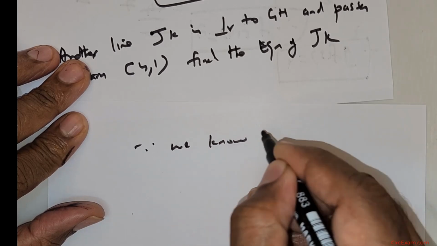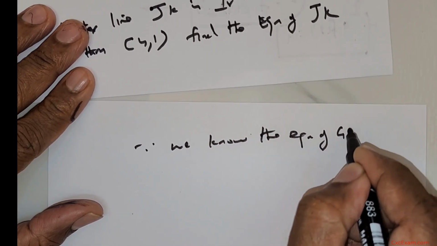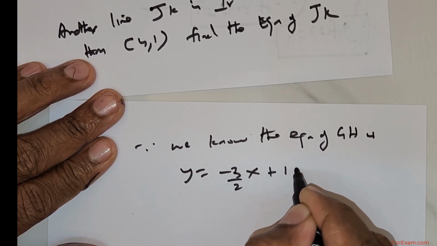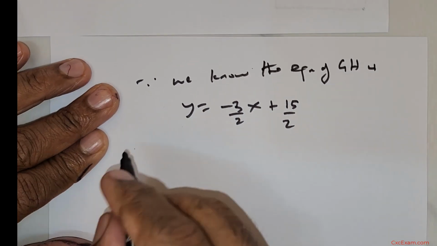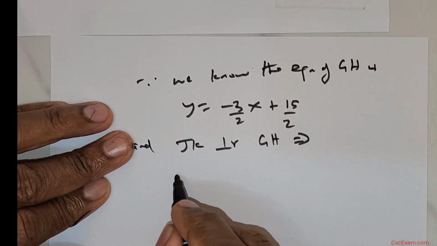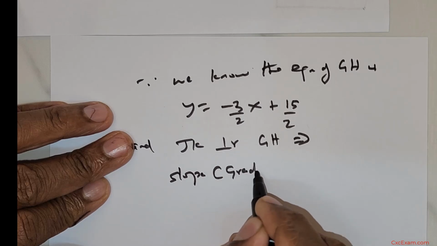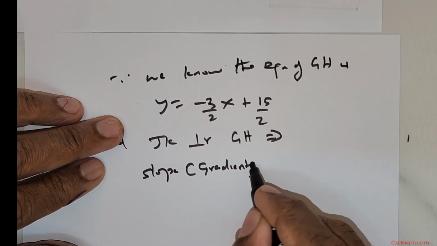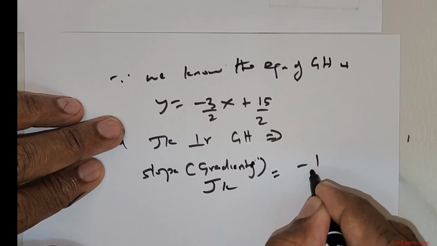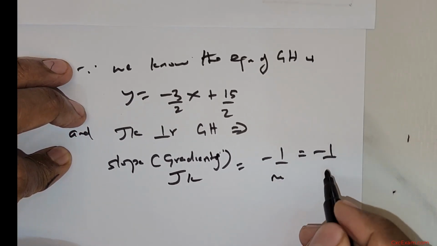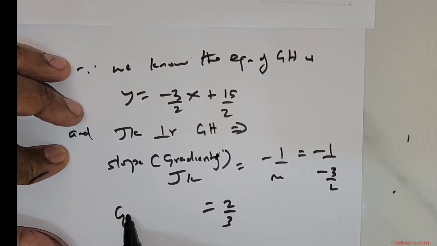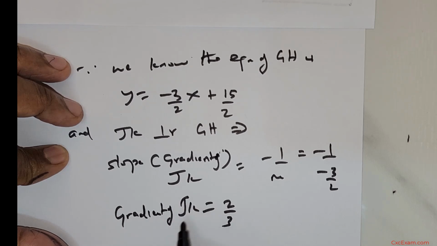Since we know the equation of GH is y is equal to negative 3 over 2 times x plus 15 over 2, and JK is perpendicular to GH, this means the slope or gradient of JK is equal to negative 1 over m, which is equal to negative 1 over negative 3 over 2, which is equal to 2 over 3. So this is the gradient of JK.